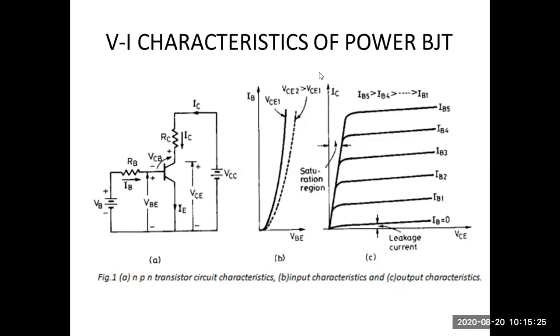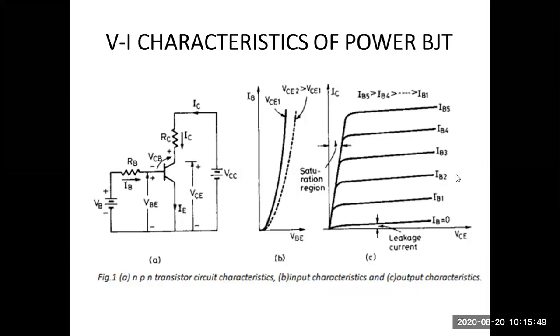This y-axis is collector current, this x-axis is collector emitter voltage. IB1, IB2, IB3, IB5 are for a fixed input base current. Even if we keep on raising the voltage, the current is not rising, it remains constant, and every time it follows the same path.